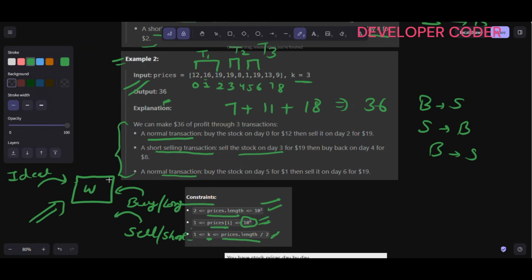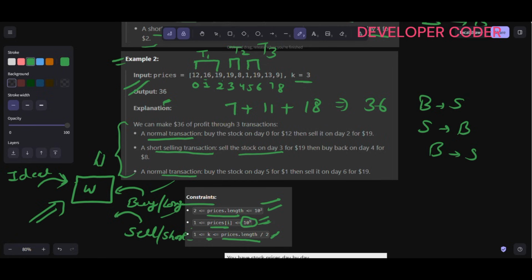Is there anything else you can do today? If you open any stock market application, maybe you buy some stocks, maybe you sell some stock and do short selling, or maybe you just see the market. Only three things you can do.